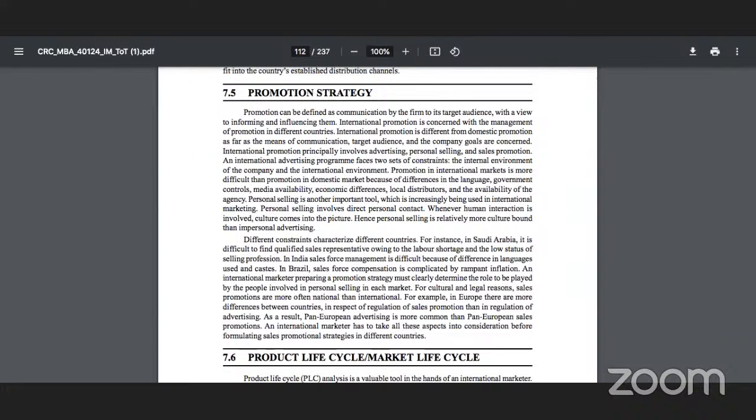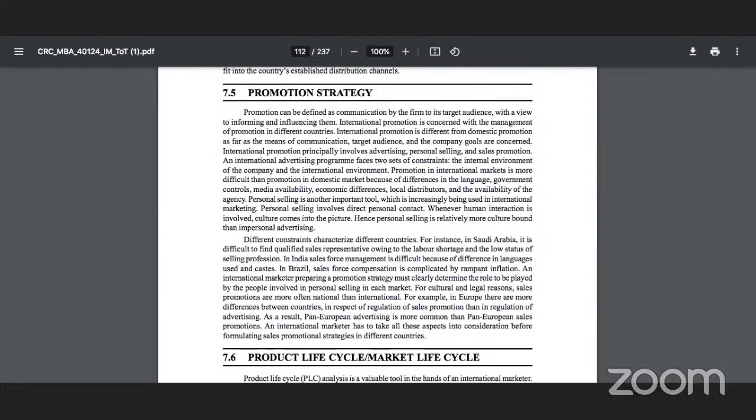So international promotion is different from domestic promotion as far as the means of communication, target audience, and the company goals are concerned. All three factors, that is, means of communication, target audience, and company goals, define whether the product is ready to go into the international market and thereby its promotion.